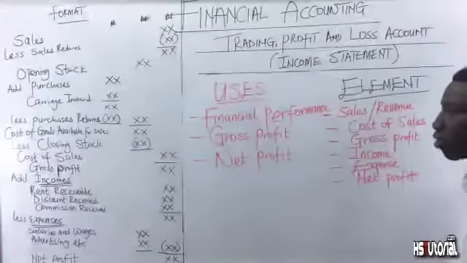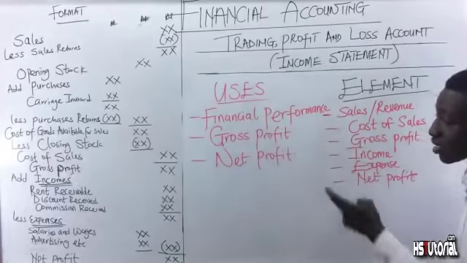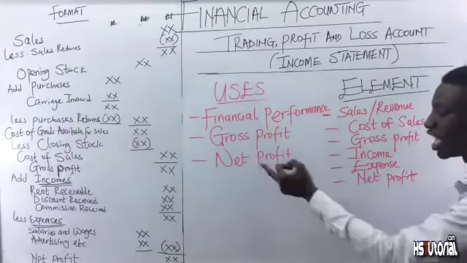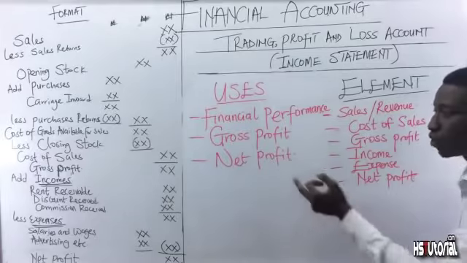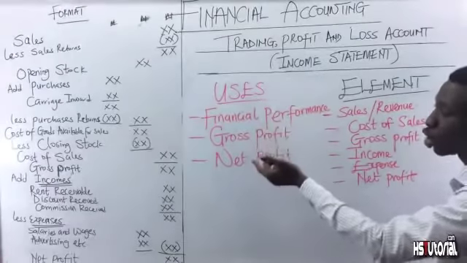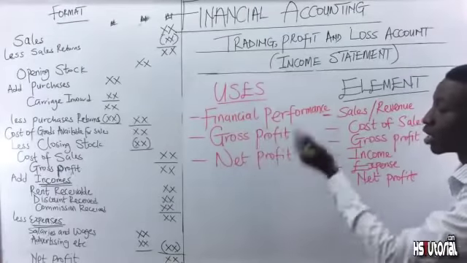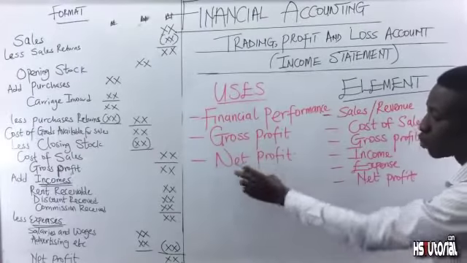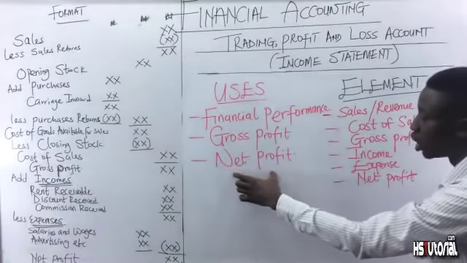Then the last thing you can use income statement for is to show your net profit. Your net profit means after the addition of your other incomes and the deduction of your expenses from the gross profit. That is when you now have your net profit.